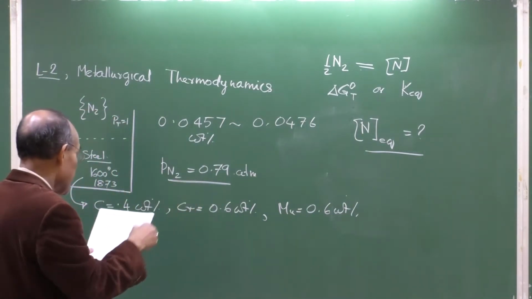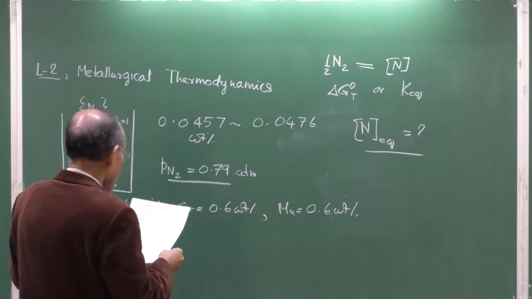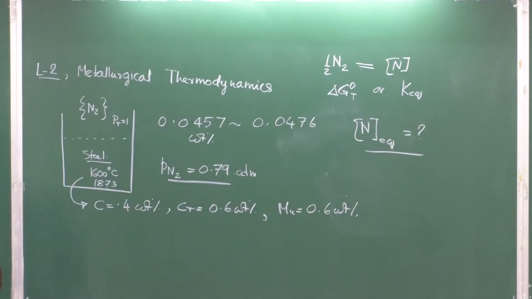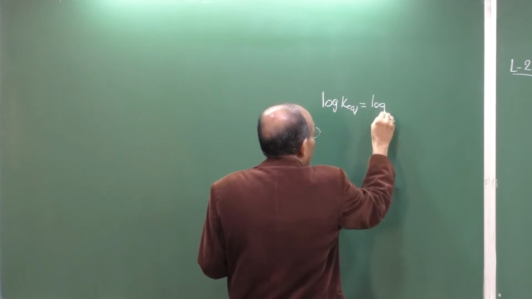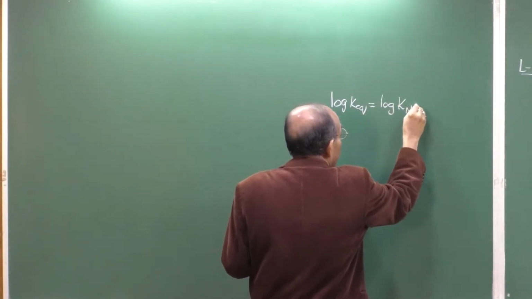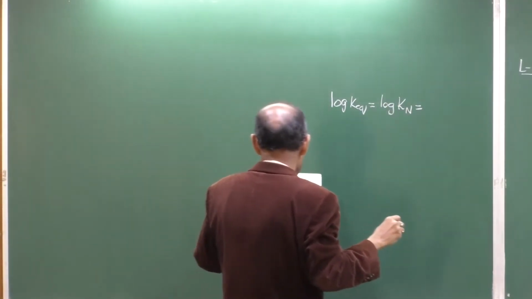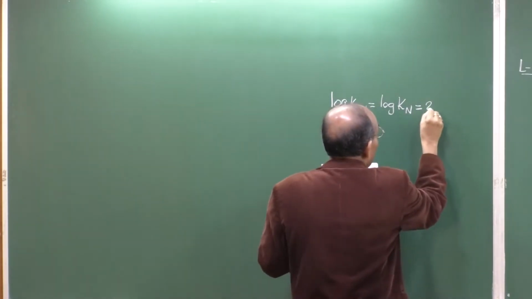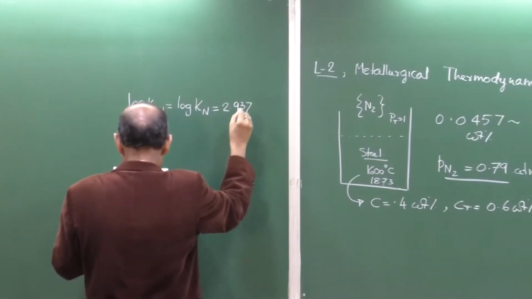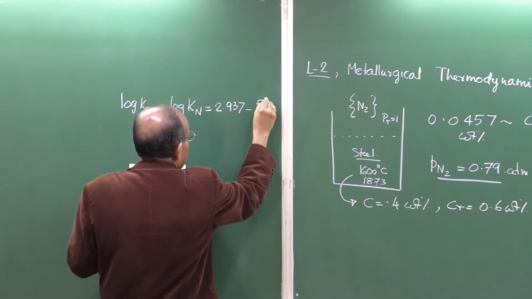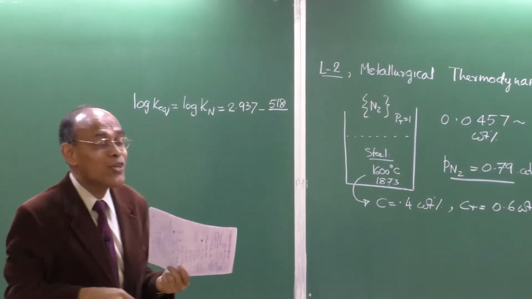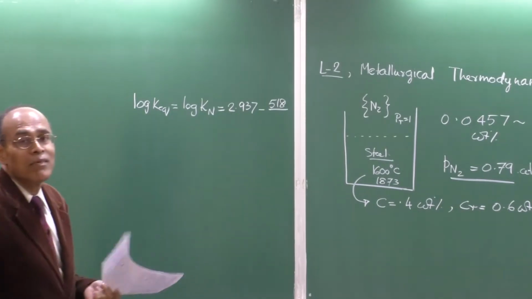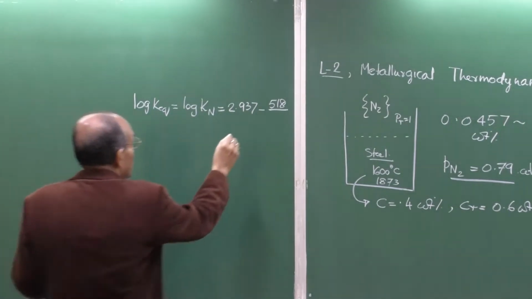So, let us say that the equilibrium constant is given to you for this reaction as log K equilibrium, which is also represented as log K sub n, and that is given to be 2.937 minus 518, divided by T. Yesterday's problem we considered that the delta G naught value is given; now directly the equilibrium constant value is given to you.